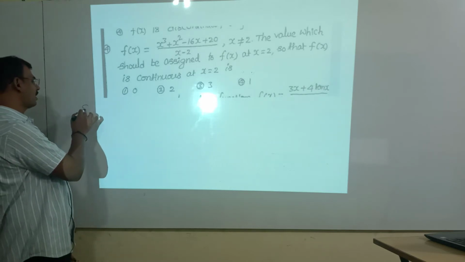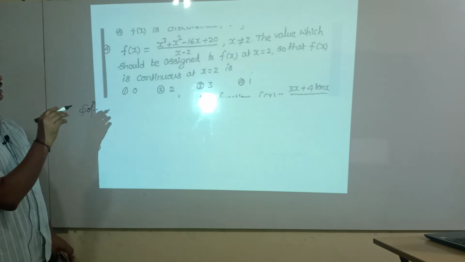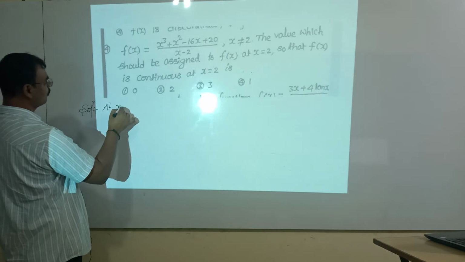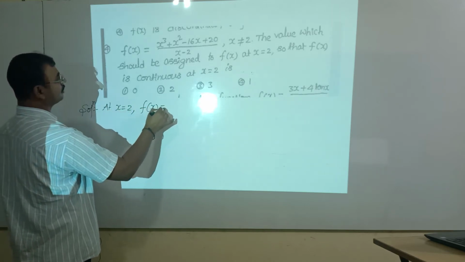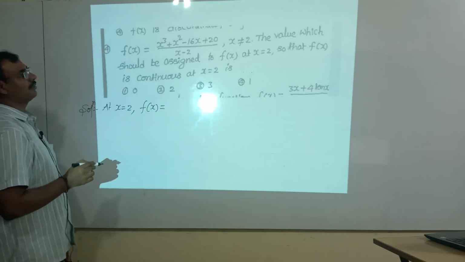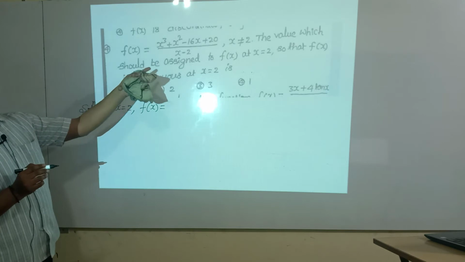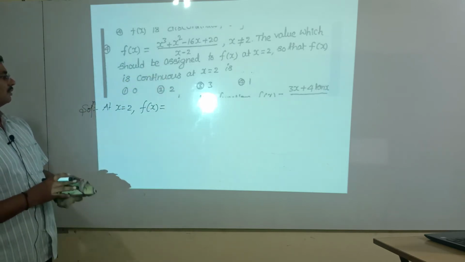So what do you understand from this problem? At x equal to 2, what is f of x? The value should be assigned to the function f of x at x equal to 2.